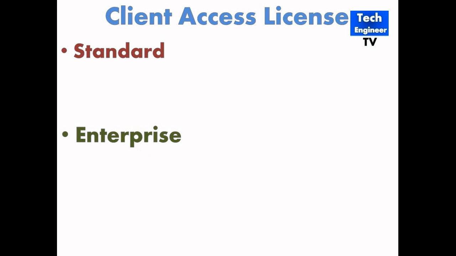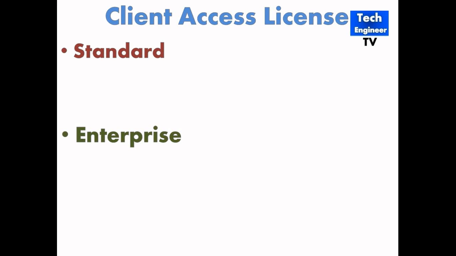The client access license is something a user has to buy to use a piece of software, for example. So the client access license is needed to use any device or product. When you are buying something, it means you are buying the license also, the agreement that says I am authorized to use it. So the client access license also has two types, standard and enterprise.